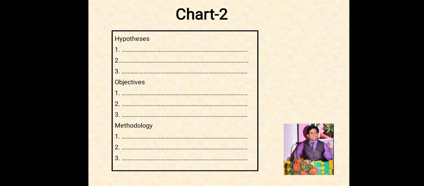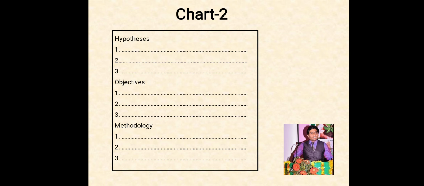In the second part of this chart, write objectives. Firstly, decide the local area problem and then frame the hypothesis, and on the basis of the hypothesis frame objectives. You have already written this in your project file. Write objectives point wise. In the third part of this chart, write methodology. In objectives, you have to write what you did.